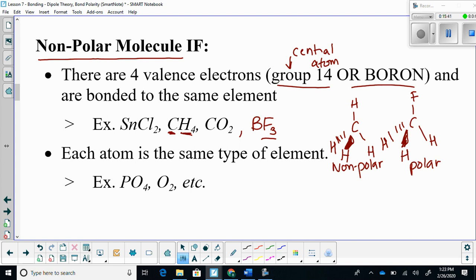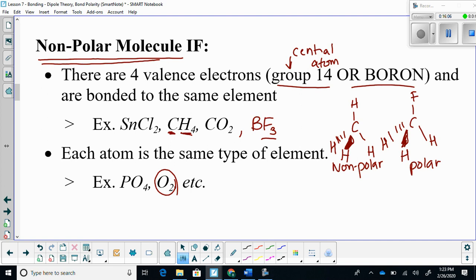Okay? Another condition for a molecule to be nonpolar is if each atom is attached to the same type of element. So for example, if we have O2, yes, those are both attached to the same thing, and it forms a nonpolar bond. Therefore, there would be no polarity.